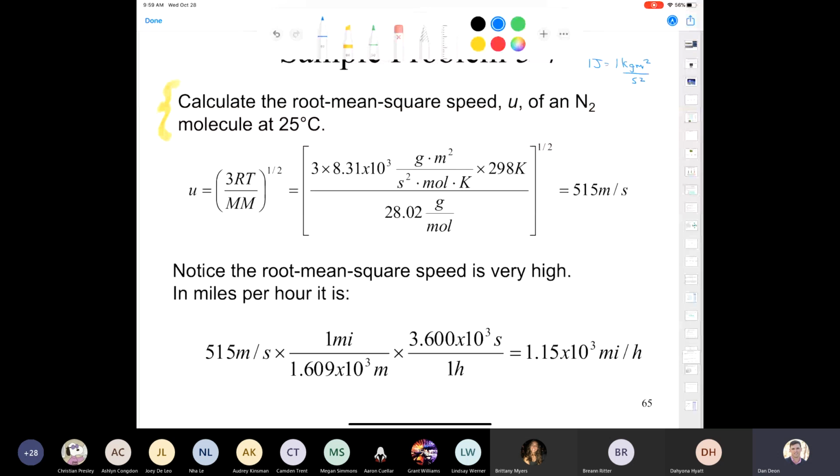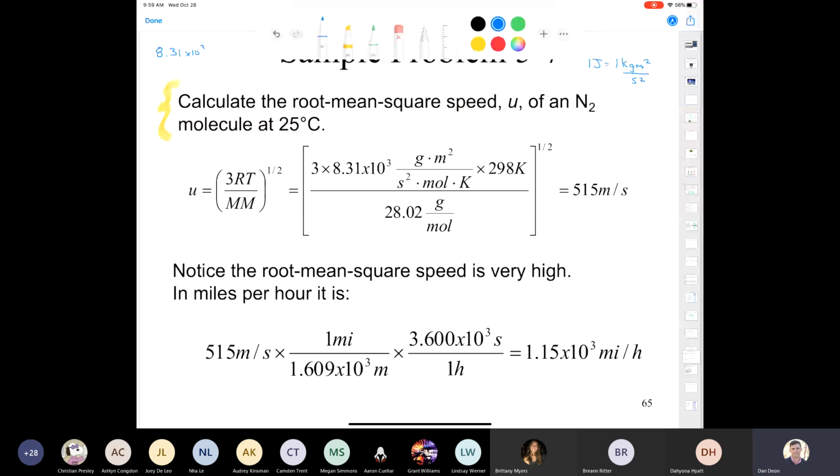From that, you can derive that the gas constant can also be written as 8.31 times 10 to the power of 3 grams meter squared over second squared. And that's the value of R that you're going to use in this equation.